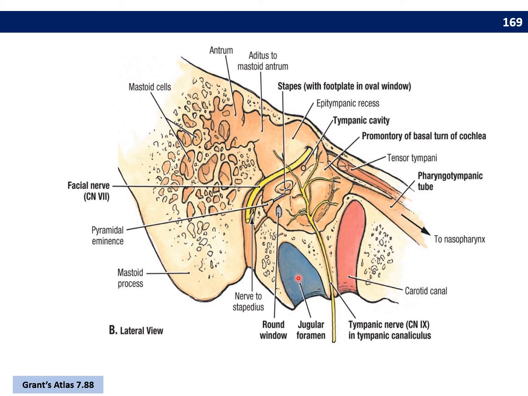You can also see the jugular wall and the jugular foramen here. Remember those cranial nerves that also exit the jugular foramen in that region.